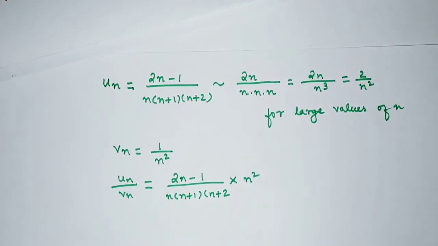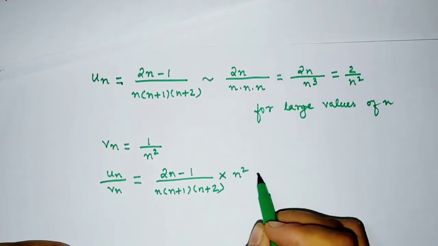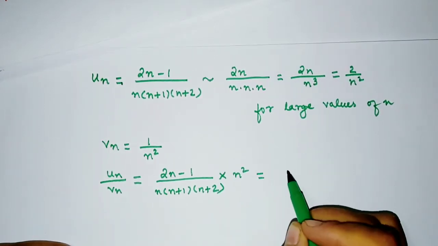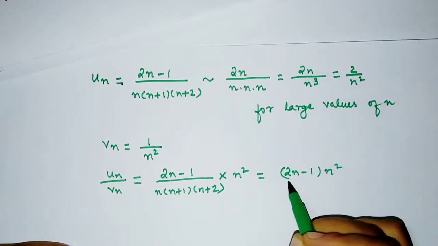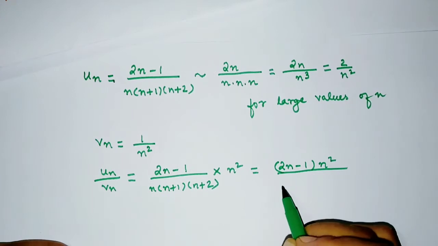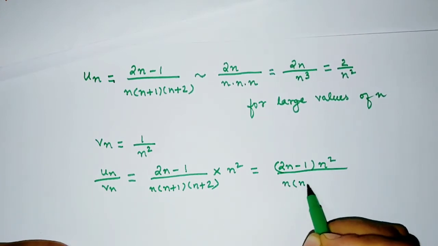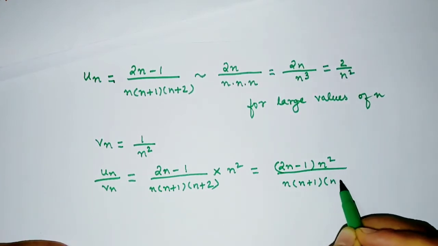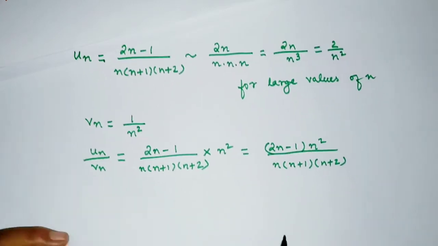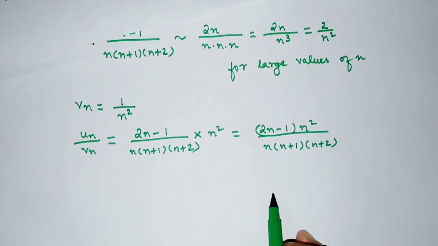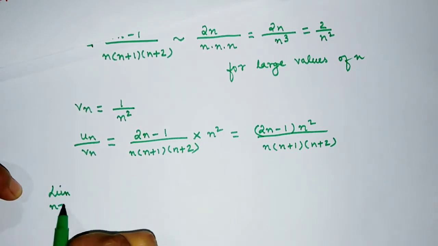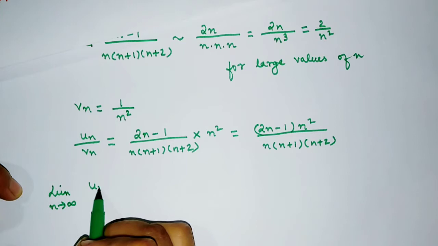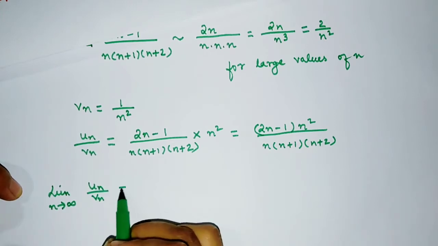So from here we have twice n minus 1 into n square upon n into n plus 1 into n plus 2. So now take the limit n tends to infinity un upon Vn.